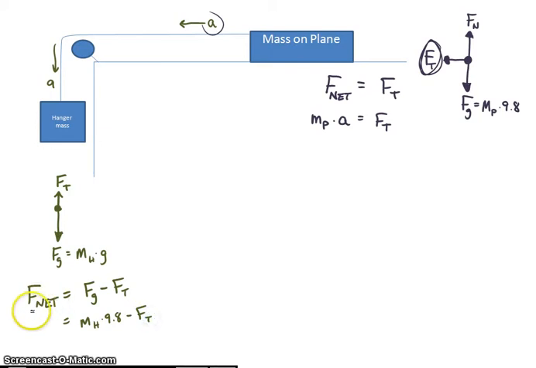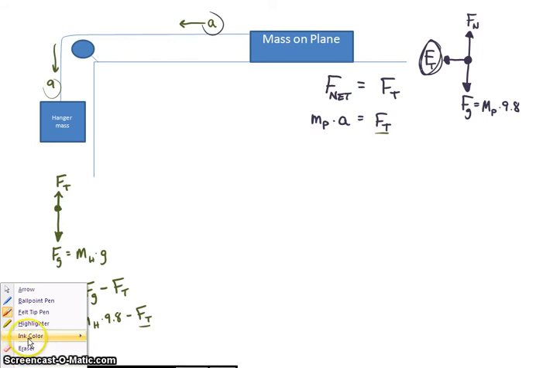And my net force is just the mass of the hanger times that acceleration, and that acceleration is the same acceleration that we have right there. Now again, we have two unknowns, two equations. We're going to set it up and solve for each. So in other words, I'm going to make both of these equal to F of t.